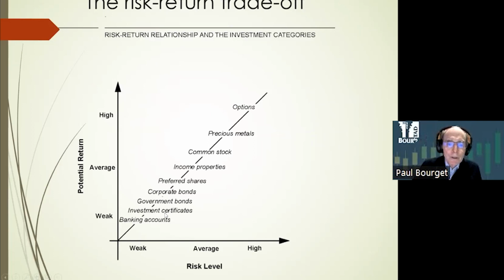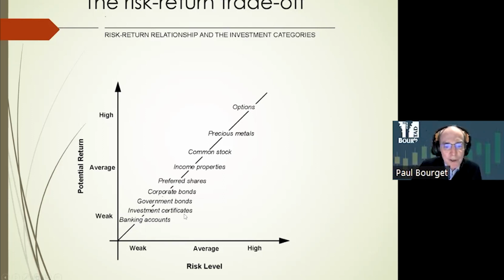Here we have a continuum of low risk and low return securities, all the way to high return, high risk. So certainly a bank account in a Canadian bank, protected by the deposit guarantee, is very safe, but very low return as well.